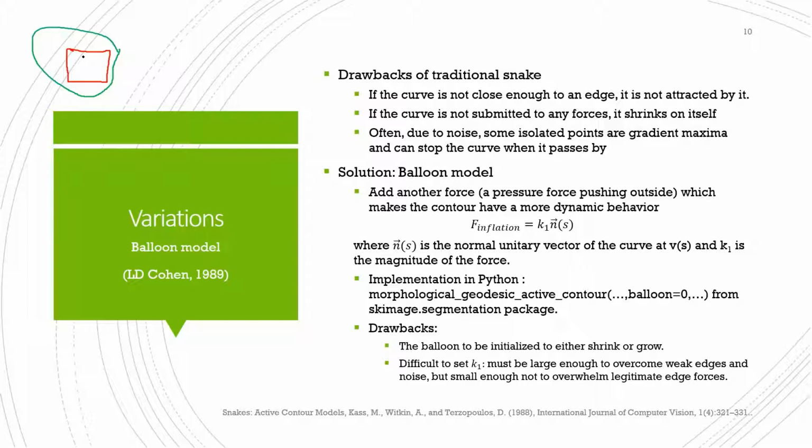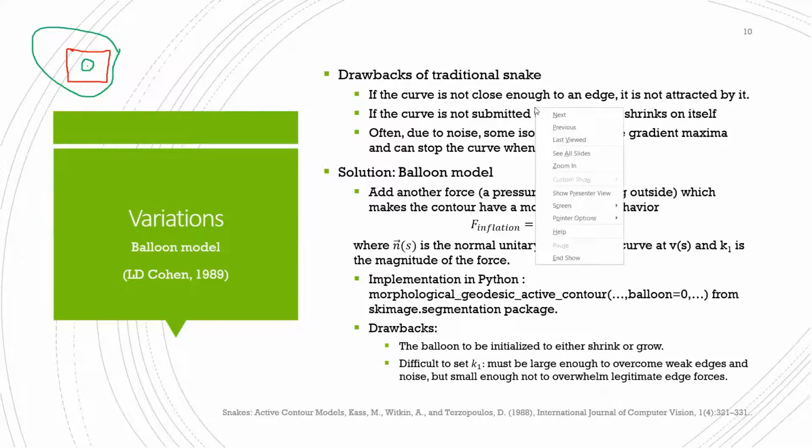But that contour has to be outside the edge that we want to track. If we draw an initial snake like this, then it will just reduce, it won't find any external force, and it will just converge to a single point. It will not be able to find the edge. This is what it's saying here.